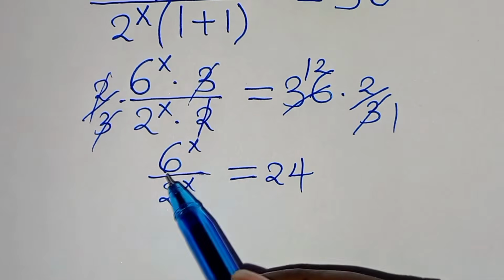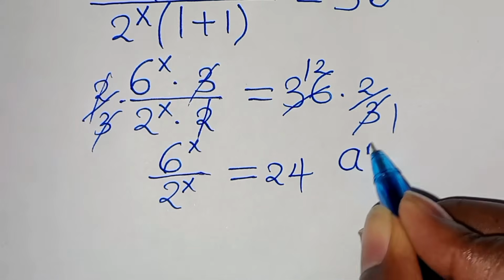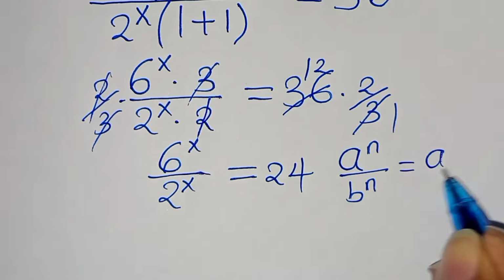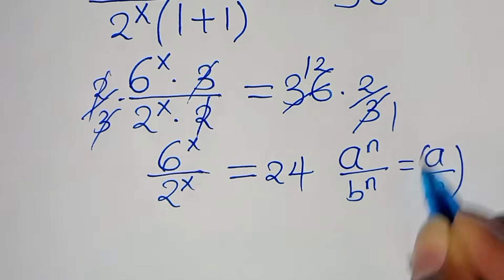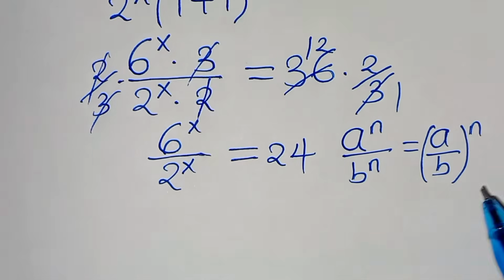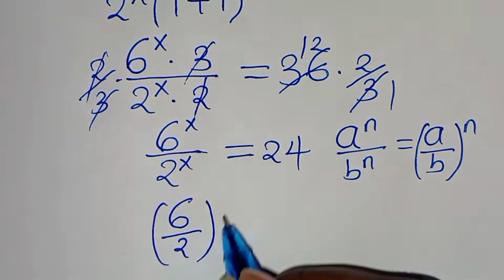Now, 6 to the power of x over 2 to the power of x, this is in the form of a to the power of n over b to the power of n, which we can express as a over b raised to the power of n. Applying this exponent property, then here we have 6 over 2 raised to the power of x.